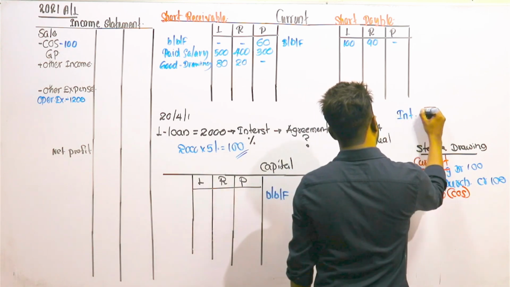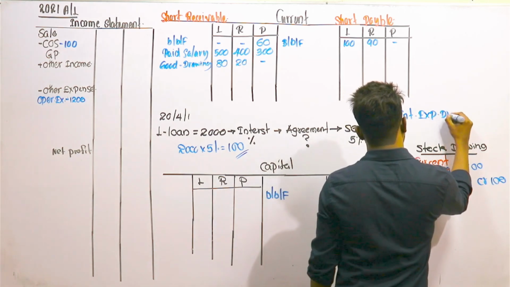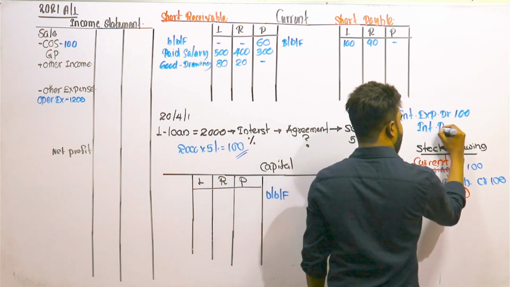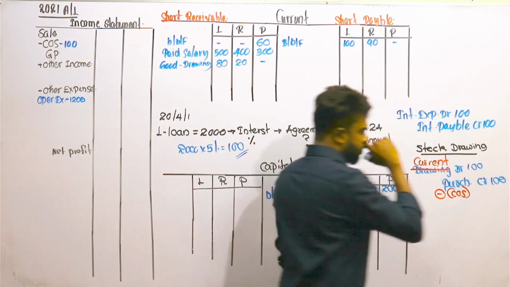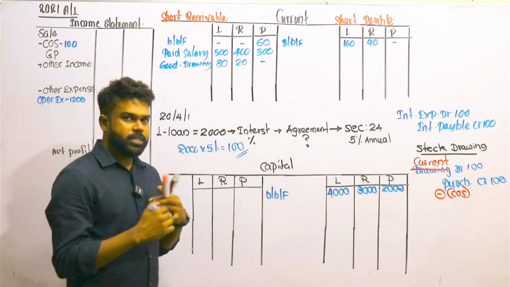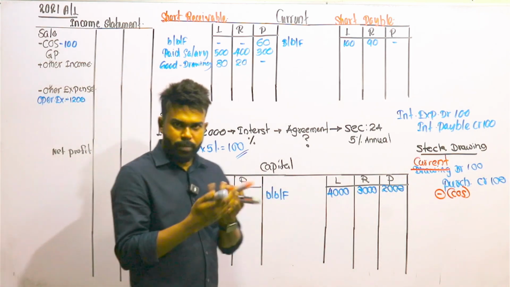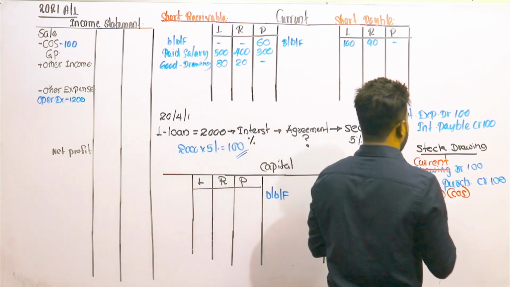Interest expense debit 100, interest payable credit 100. But this interest is payable to which party? Payable to Lal, therefore a short-term payable. Therefore, Lal's payable should be credited to the current account.